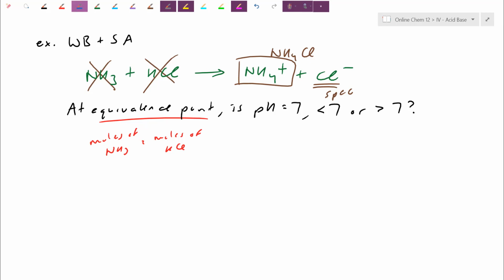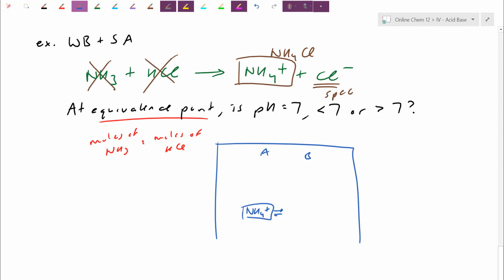So usually in a hydrolysis problem, we look for NH4+ on our acid-base chart. We find NH4+ down the table on the acid side. NH4+ is a weak acid itself. It can regenerate some H+ and end up forming a little bit of ammonia. Because it is recreating some H+, we have the answer.